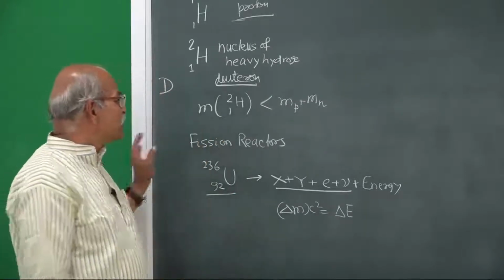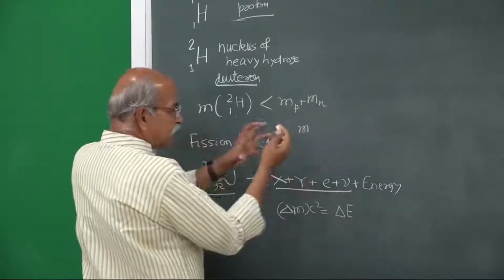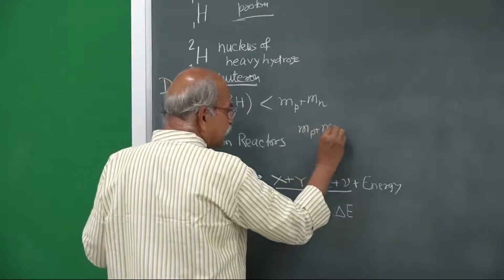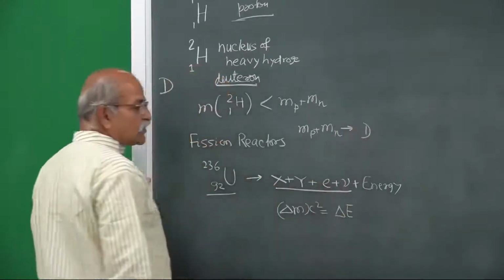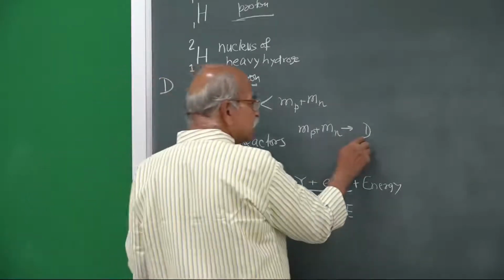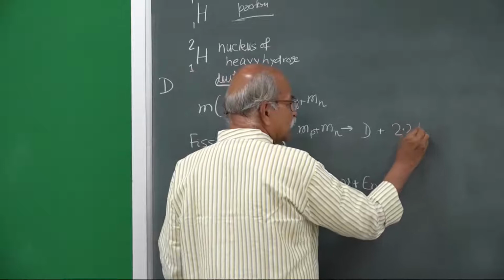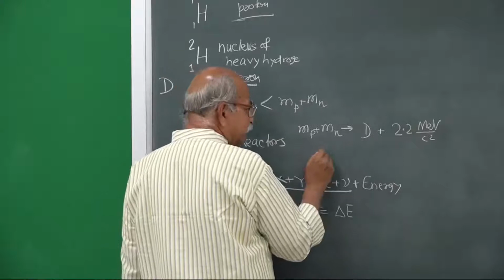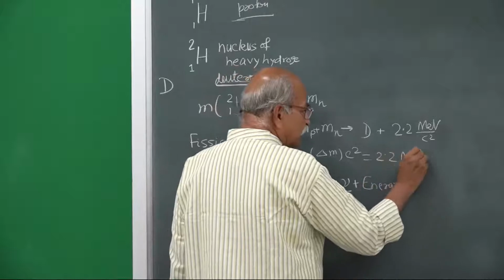In the deuteron problem, if you make a deuteron, what do you get? You start with a proton and a neutron and then combine them, and I am making this deuteron D. Some energy is available because the rest mass of the deuteron is smaller and the rest mass of the proton plus neutron is more, and therefore it gives me something like 2.2 MeV by c square. So, this delta m times c square is that 2.2 MeV.